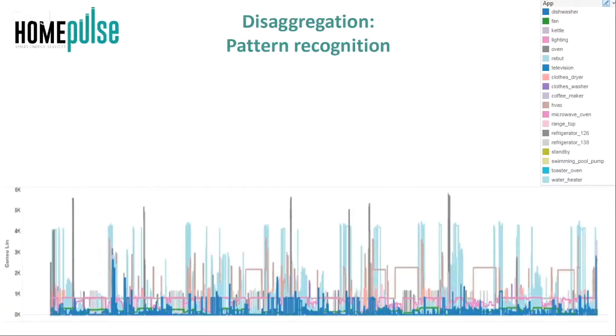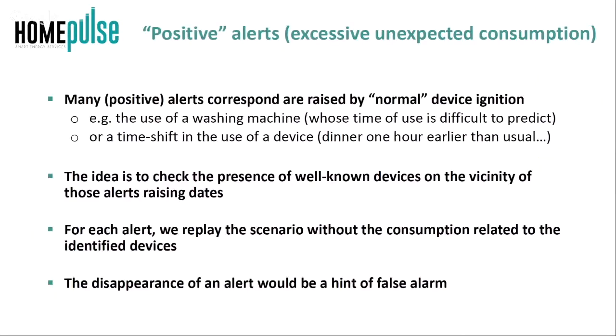So we have this, and we want to use it with the alert system to try to discard the false alarms. For example, we are in the situation where the alert system raises an alert because of excessive unexpected consumption. As I said before, it can happen because of a washing machine or a time shift in the use of a device.